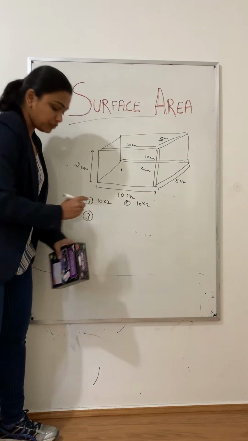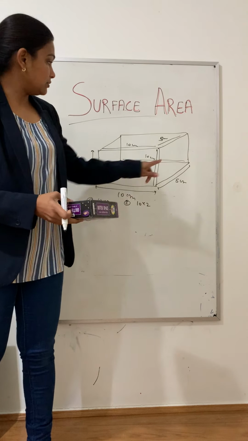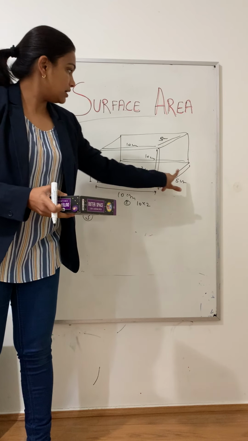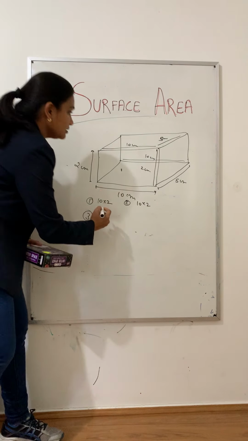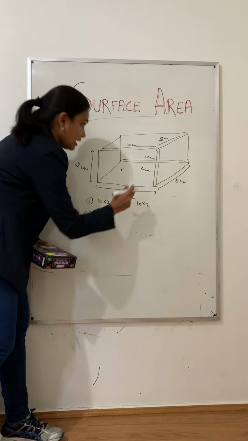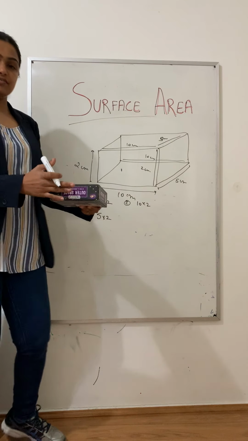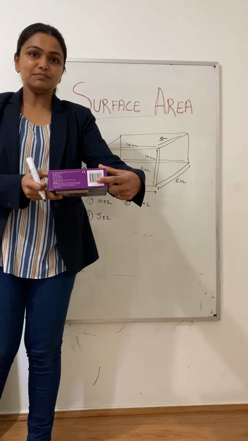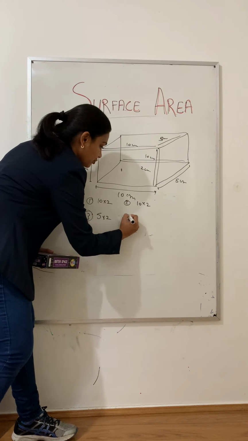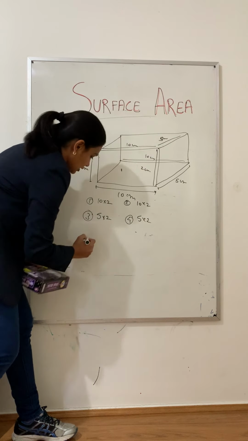Now let's say area of third face, side 1, 5 times 2, length times width. And similarly it will be this side. If this is 5 times 2, this will also be 5 times 2. So area of fourth face is also 5 times 2.